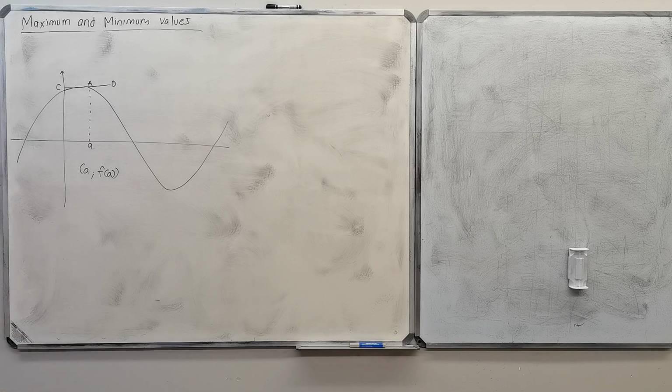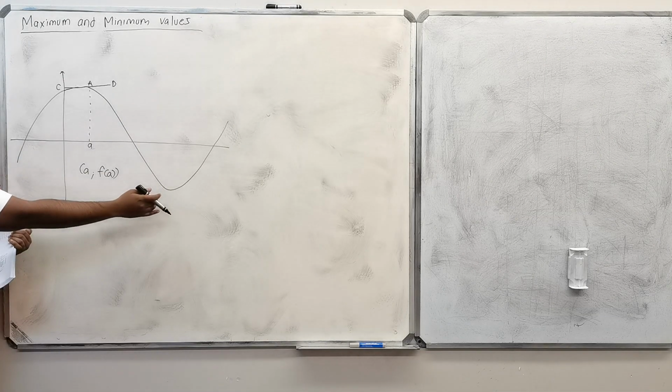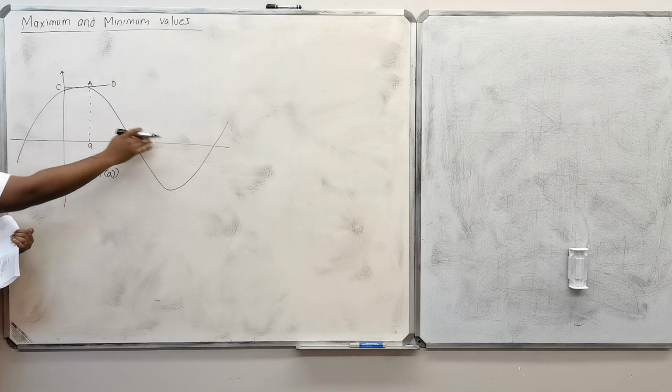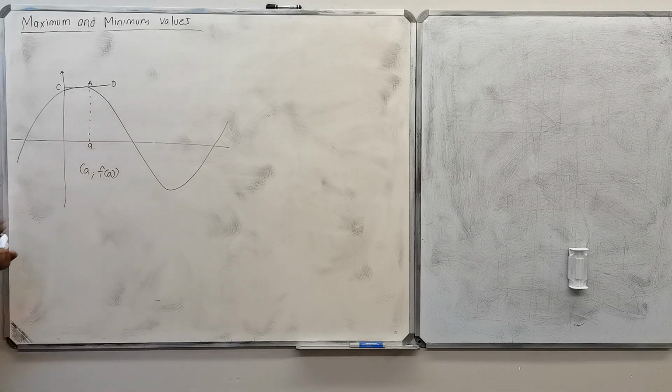If you draw a tangent there, remember this one here is increasing positively, and on this end it's decreasing negatively, so at some point it's going to have to be 0. That's what they're saying over there, where point A lies: if you draw a tangent at the maximum point, your gradient will be 0.